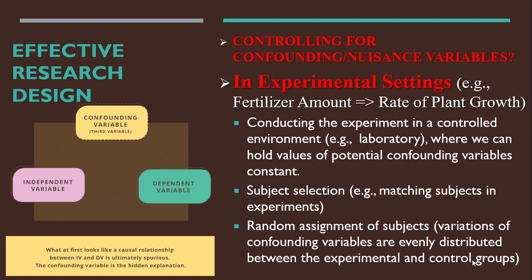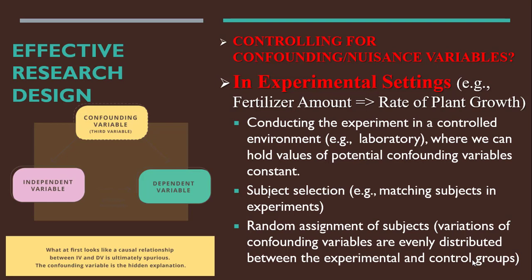let's say you want to look at fertilizer amount and the rate of plant growth. You are controlling the environment, because you are going to plant in the laboratory or in a greenhouse where you can hold all the other potential variables constant. So if you are growing the plant in a controlled environment, you will make sure that humidity, sunlight, water application, everything is similar across the experiment.